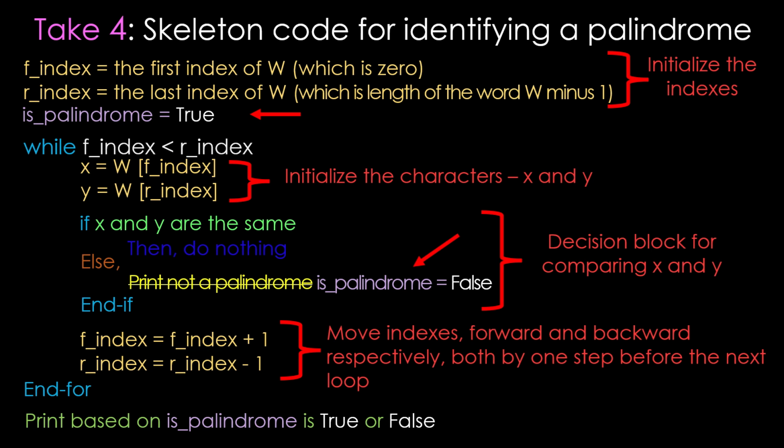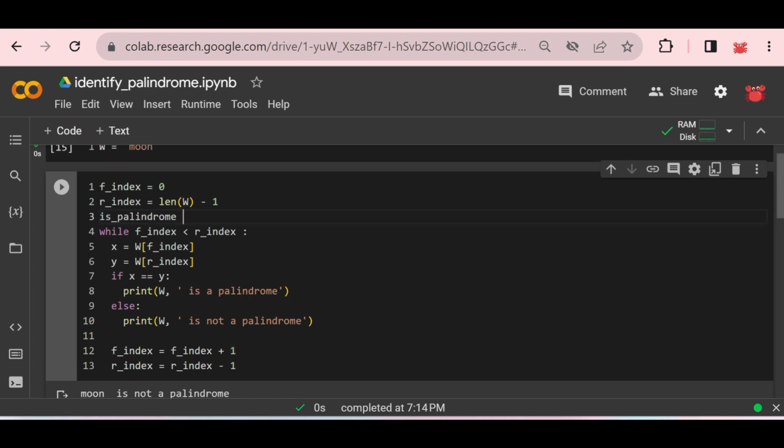So when looping ends, a non-palindrome word will always leave this variable, isPalindrome, as false. We also add another if-else block at the bottom. Based on the value of the variable isPalindrome, this block prints whether the given word is a palindrome or not. Now let's run this code in Colab.